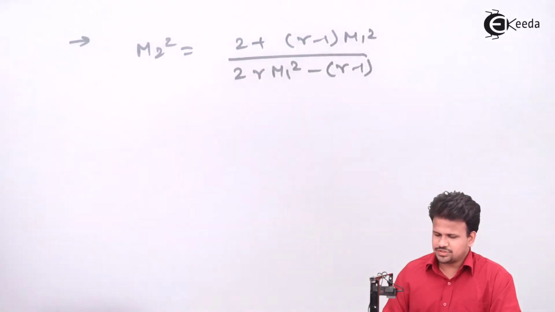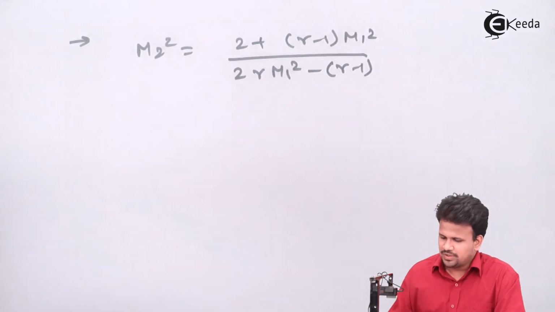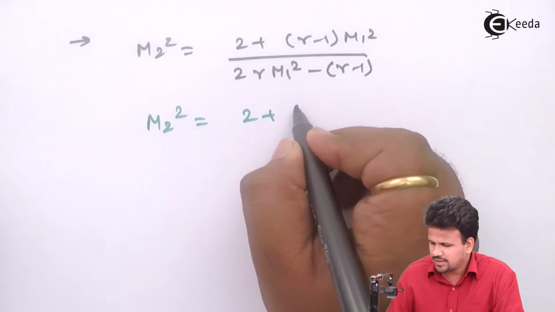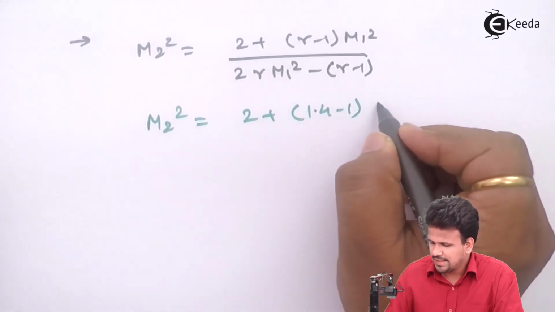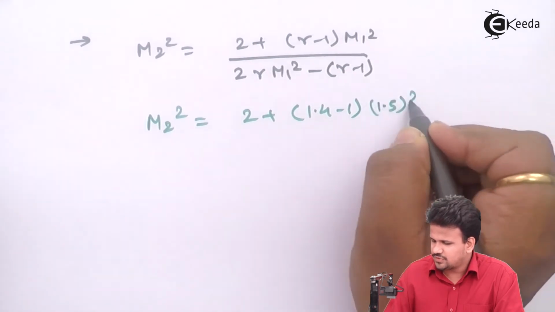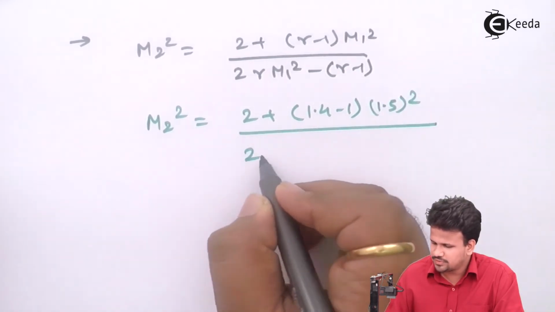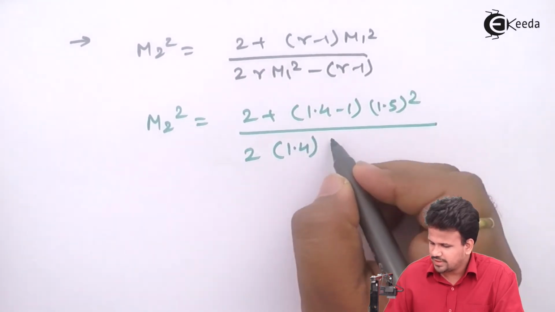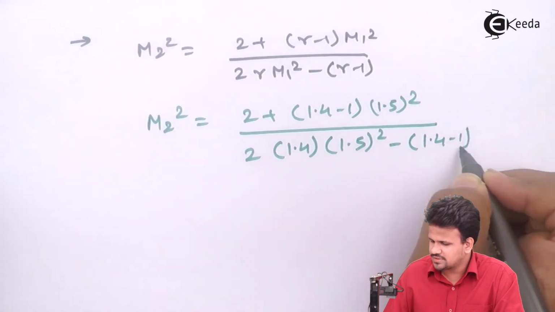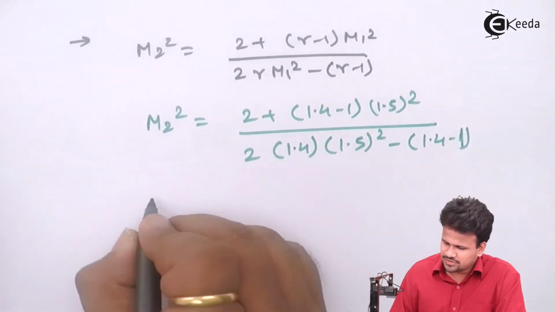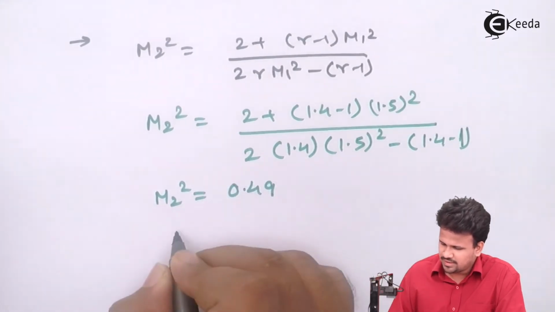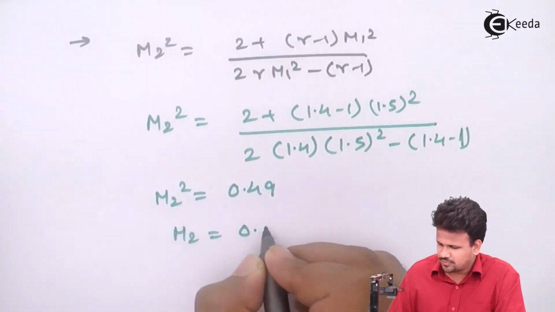So when we substitute the values, M2 square equals 2 into (1.4 minus 1) into 1.5 square, upon 2 into 1.4 into 1.5 square minus (1.4 minus 1). On evaluation, M2 square comes out to be 0.49 and M2 equals 0.7.